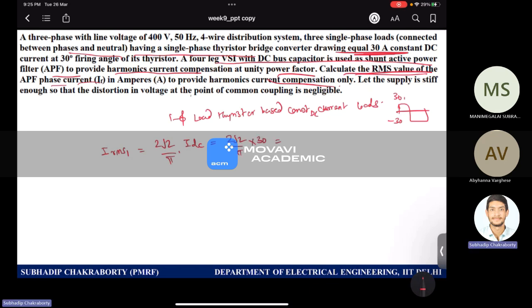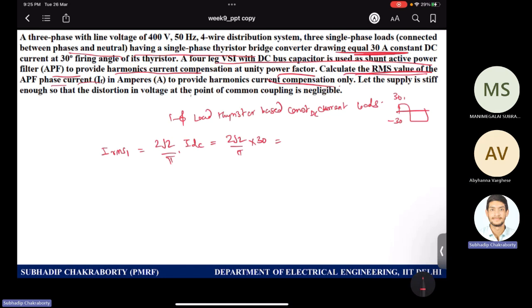Screen visible, right? Hello? Yes, sir. No lag is coming, right? No, sir. Okay. So 27 is the fundamental RMS. Okay.